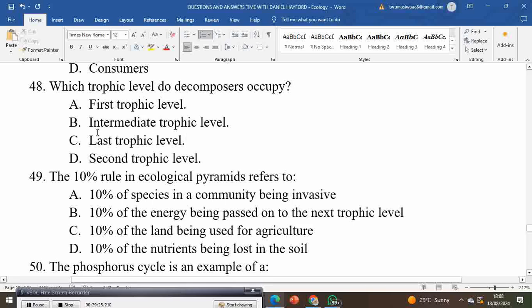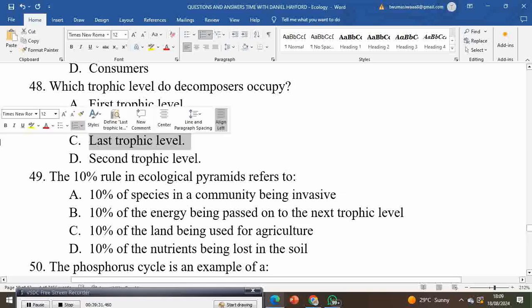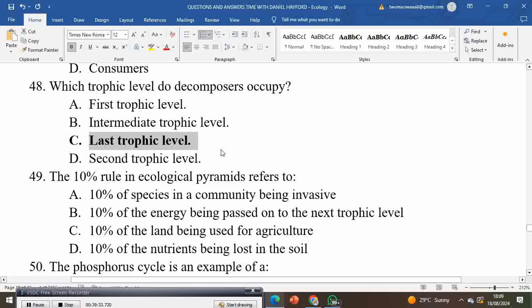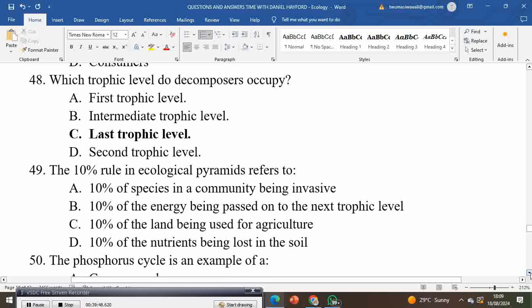So which one is your best shot for question number 48? C, decomposers occupy the last trophic level. They feed on the top predators, for example. No matter how strong you are, one day decomposition will surely catch you.